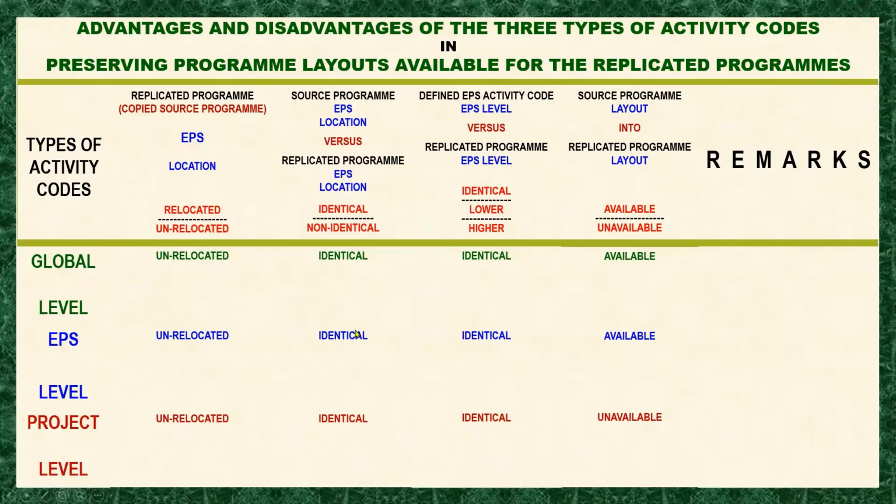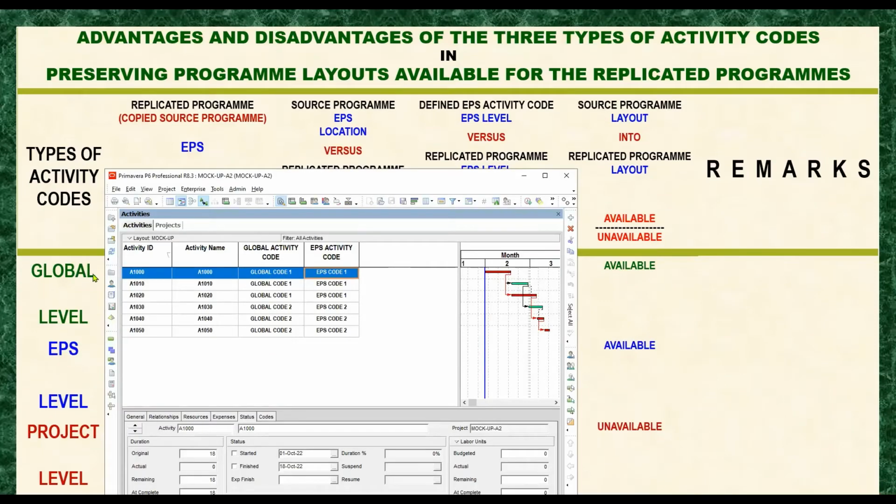Under the global activity code of the replicated program, the column is still available, and the EPS level activity code is also shown here. So those are still available, but the project level is not shown here, so it is not available. Okay.